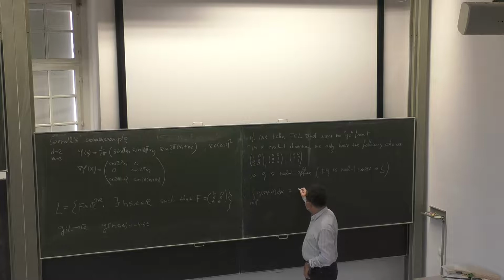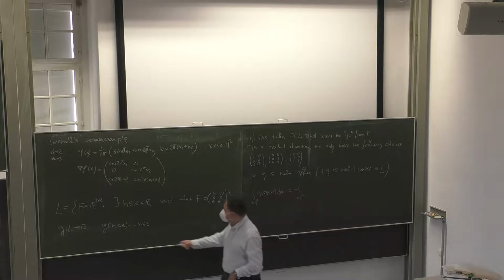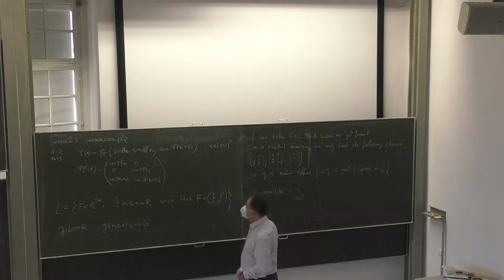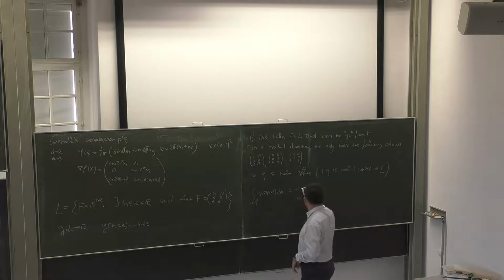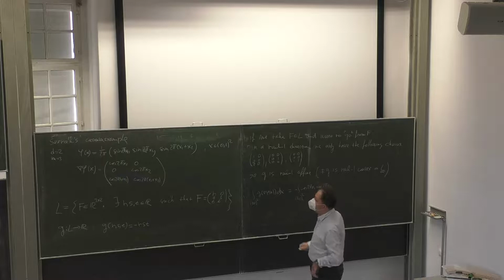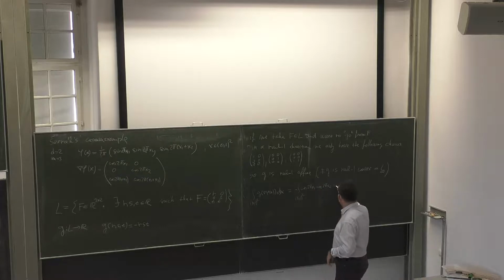This is the integral over (0,1) squared, and then I put minus here. This is this minus, and then I have cosine of 2 pi x1 times cosine of 2 pi x2 times cosine of 2 pi (x1 plus x2), dx.